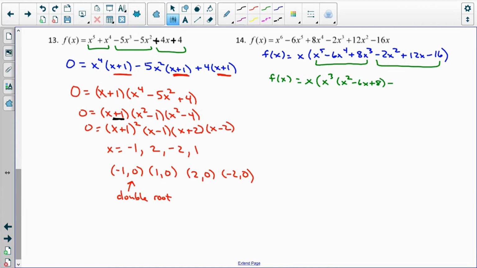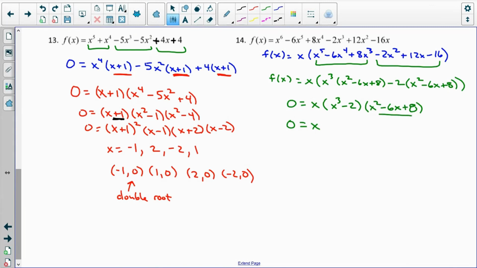And then I factor out a negative 2 from the back half, and then I'm left with x squared minus 6x plus 8. I can have x times x cubed minus 2 times x squared minus 6x plus 8. So the x is a factor.